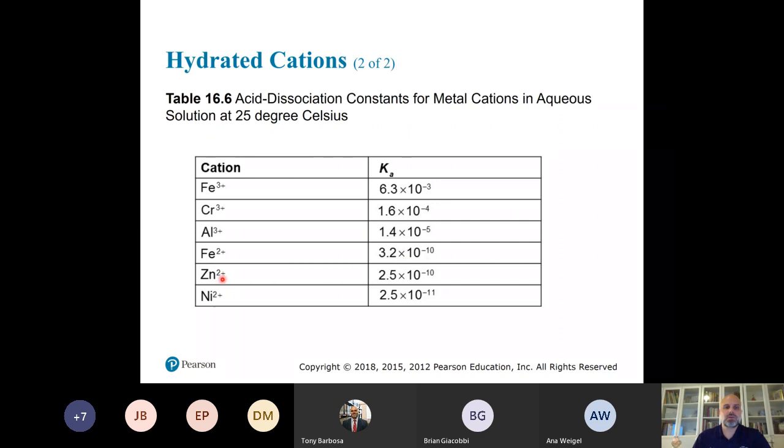The zinc 2+ is also down at 10 to the minus 10, nickel 2+, 10 to the minus 11. So you can see the 2+ ions tend to be weaker acids. The 3+ ions tend to be stronger acids, which makes sense, as a larger charge has a greater attraction towards the partial negative charges of the oxygen atoms. A smaller charge has a weaker one.